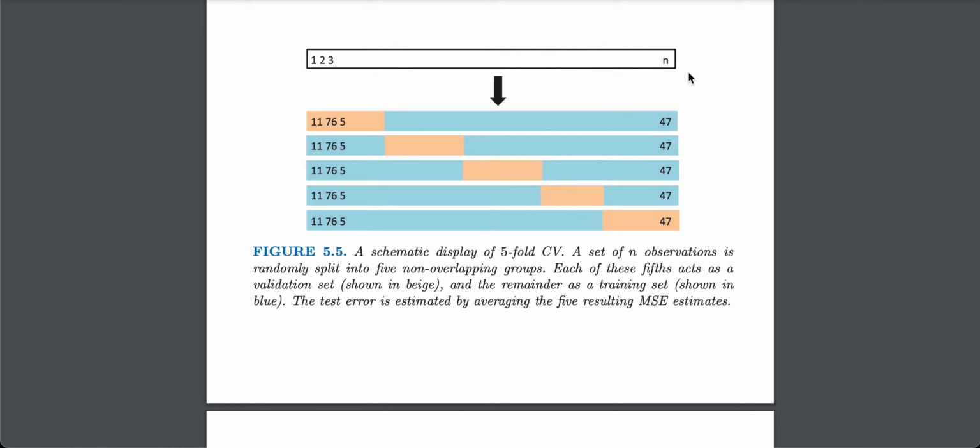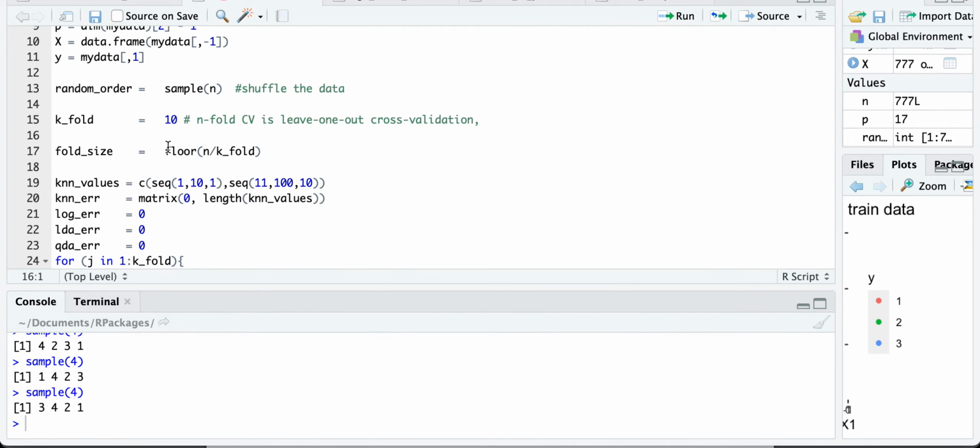We have n observations, and if we have 5 folds, then each fold will contain n divided by 5 observations, and then we will round it down. Then for k nearest neighbors, I want to see the cross-validation error for the number of neighbors that goes from 1 to 10, and then from 11 to 100 in increments of 10.